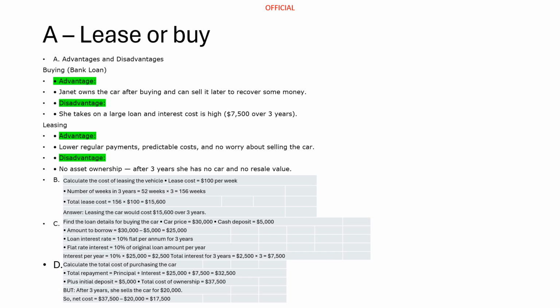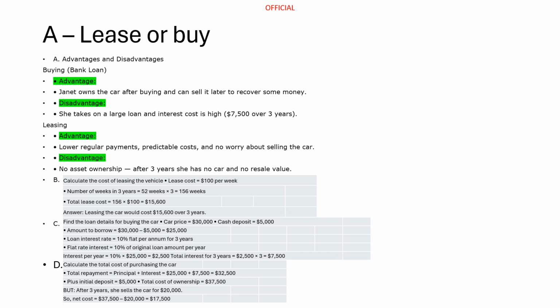So the question is asking about advantages and disadvantages of these different finances. The advantage is Janet owns the car after buying and can sell it later to recover some money. The disadvantage is she takes on a larger loan and the interest cost is high.